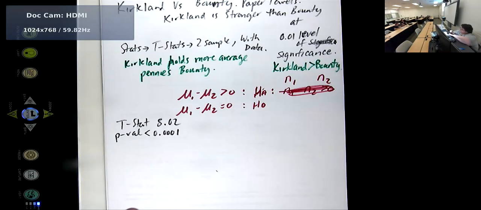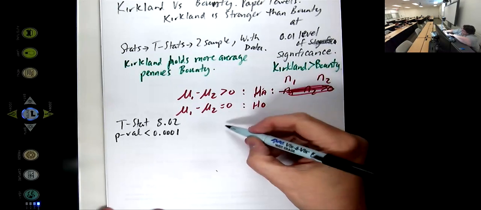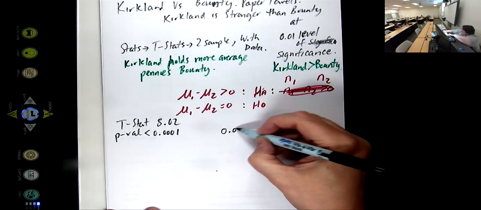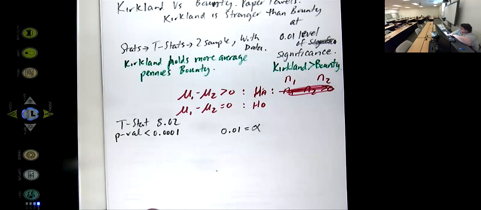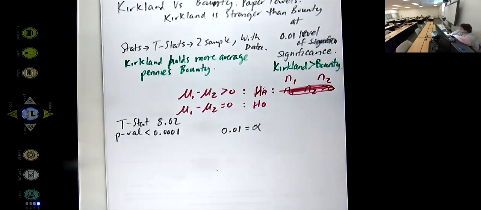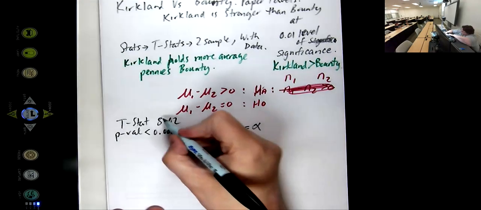That's what I have there. I'm comparing it to alpha. Alpha is not 0.05 anymore. It's 0.01. Is that an 8.02? Yeah.